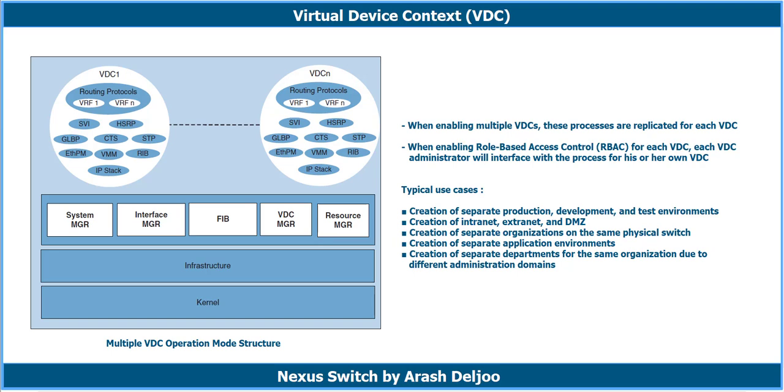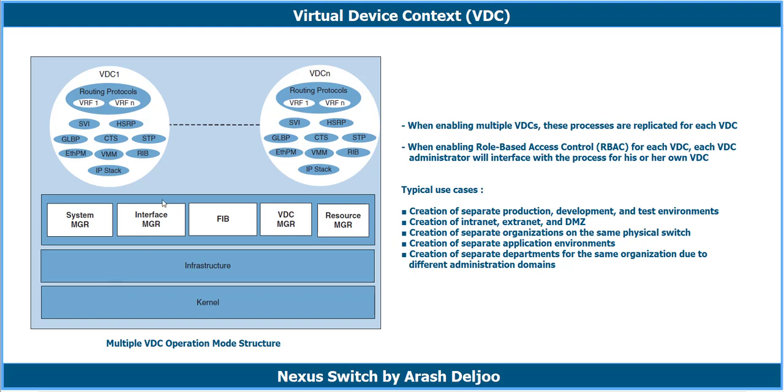First, creation of separate production or deployment and test environments. Creation of intranet, extranet, and DMZ. Creation of separate organizations on the same physical switch. Creation of separate application environments. And creation of separate departments for the same organization due to different administration domains.